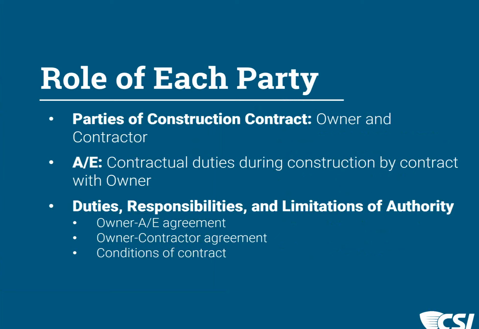And then we also have duties and limitations of authority within those contractual agreements as well. And they are further expanded typically in our contracts within the conditions of the contract, either the general conditions or supplementary general conditions. So let's go to the next slide.